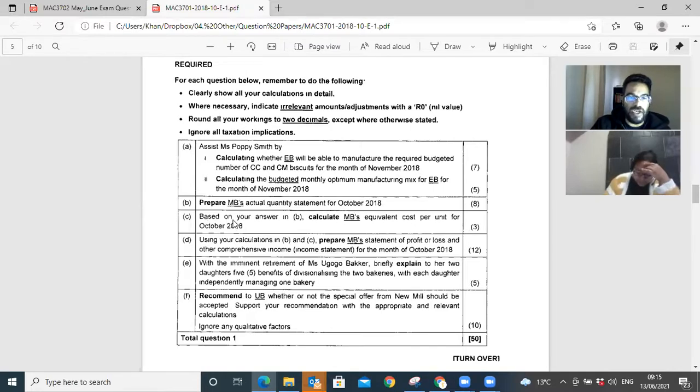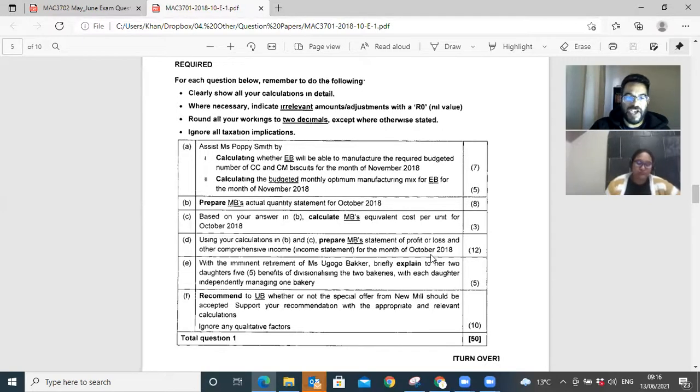They say based on your answer in B, calculate MB's equivalent costs per unit for October 2018. This is basically process costing. Okay, so part C is process costing. Then in D, using your calculations in B and C, prepare MB's statement of profit or loss and other comprehensive income for the month of October 2018.